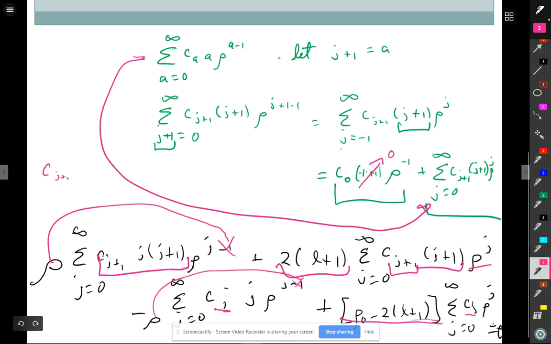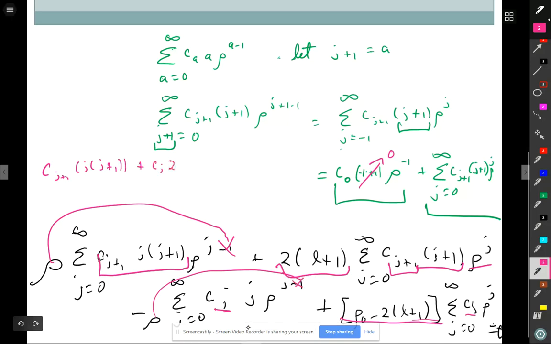C sub j plus 1 times j plus 1, plus C sub j times 2L plus 1, minus C sub j, plus C sub j rho 0 minus 2L plus 1, gives us that equation.